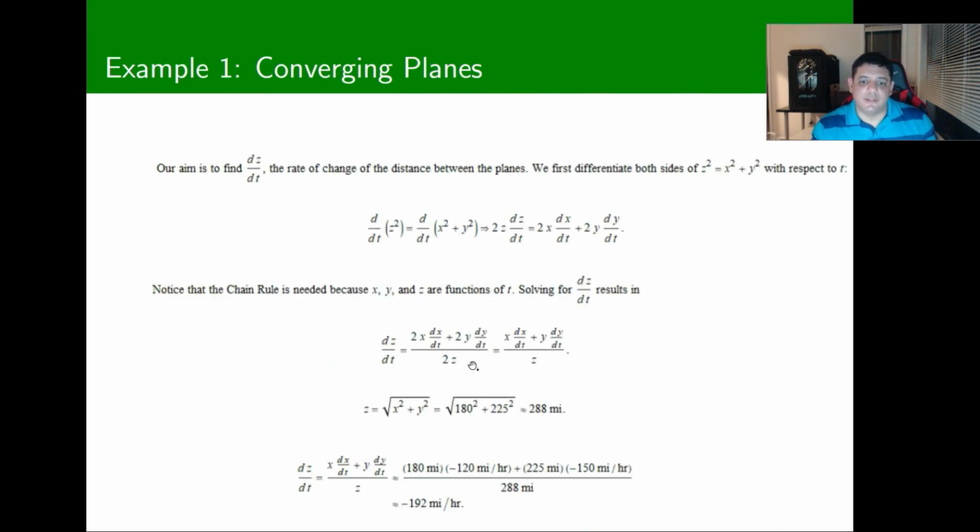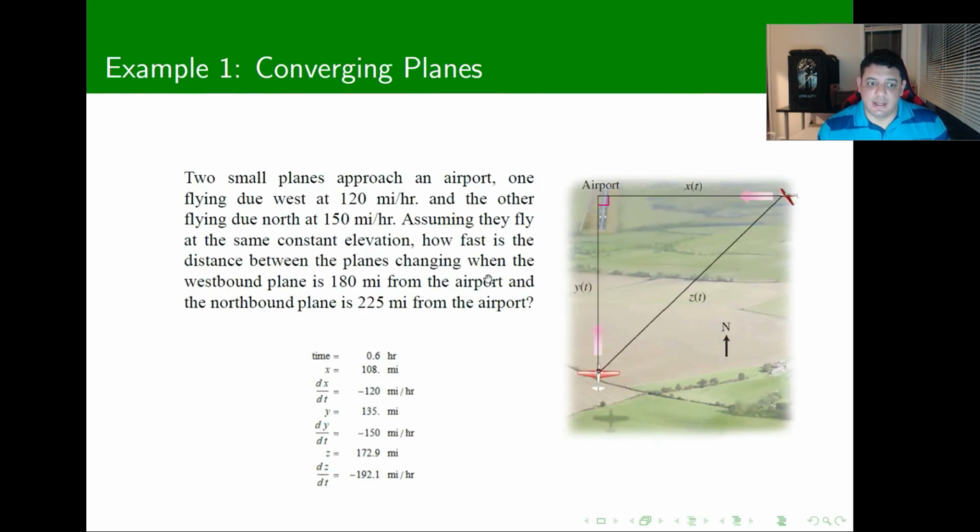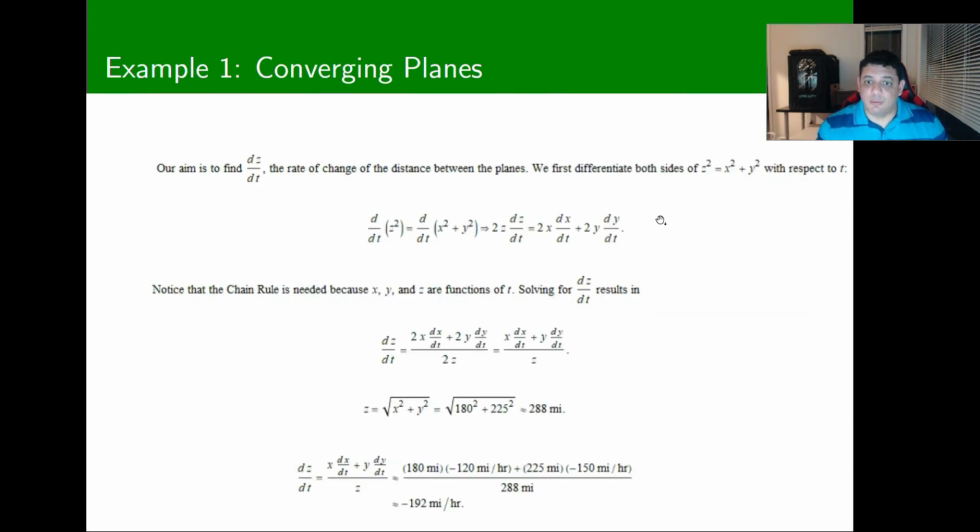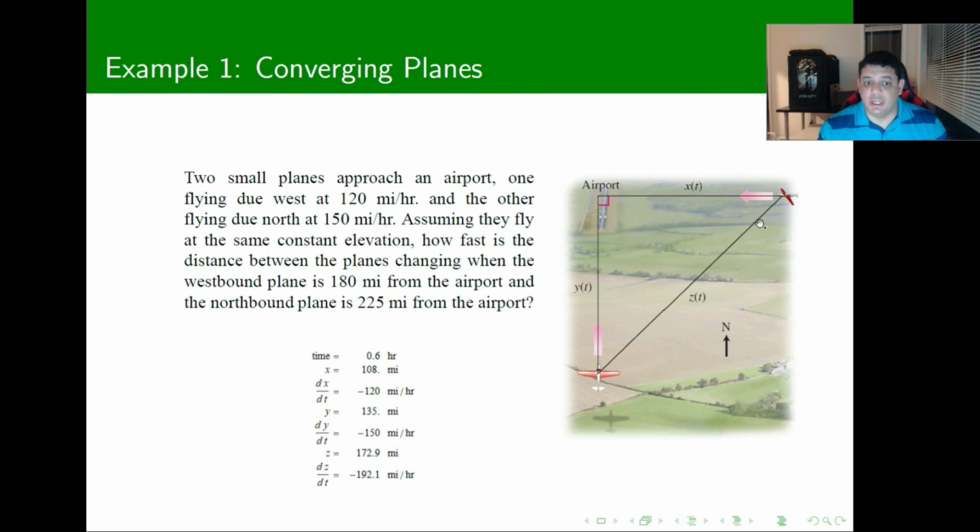So as you notice, we do a lot of basic arrangement before we actually get to the rate of change. We first need to establish a function that is going to be what we need to find. Notice that we always find the distance between the planes, which is c, and we want to check what is the rate of change of that distance.